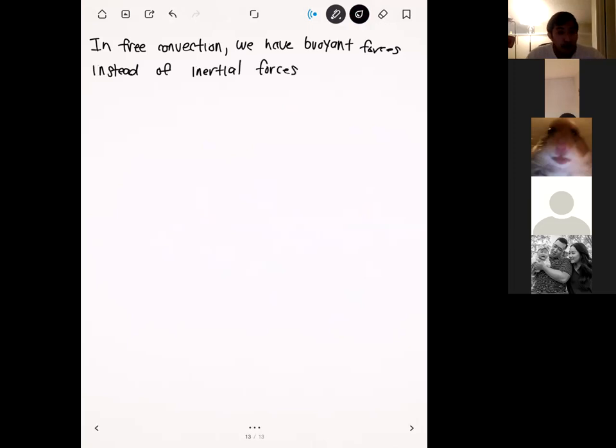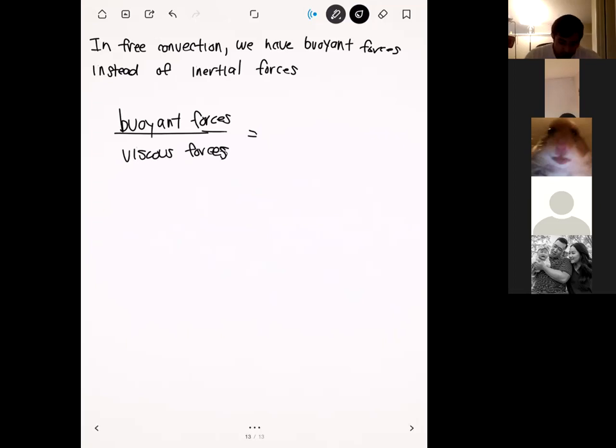So instead of taking a ratio between inertial forces and viscous forces, what we want to do is take a ratio of buoyant forces and viscous forces. We need a new dimensionless number for this.